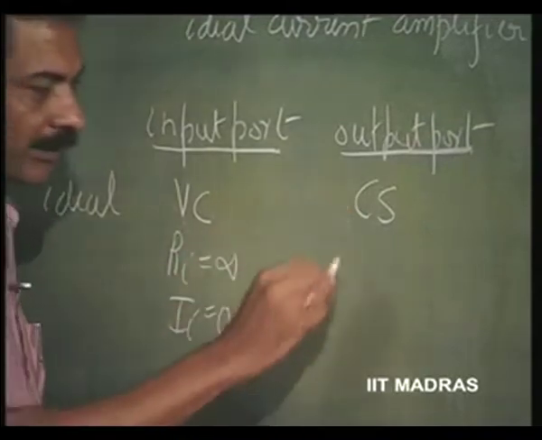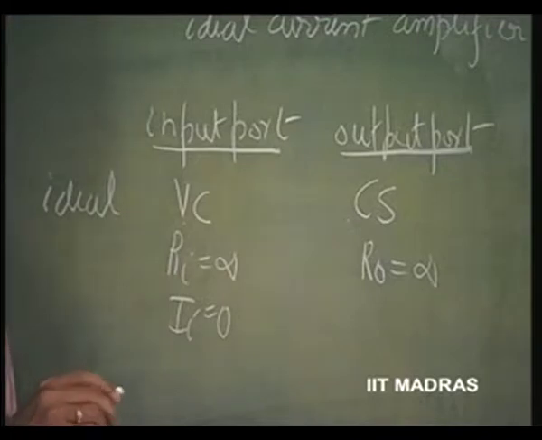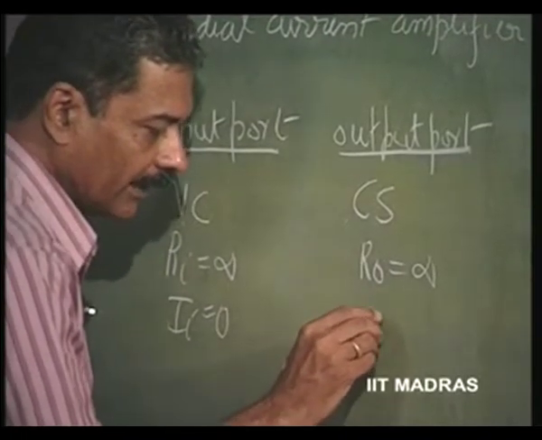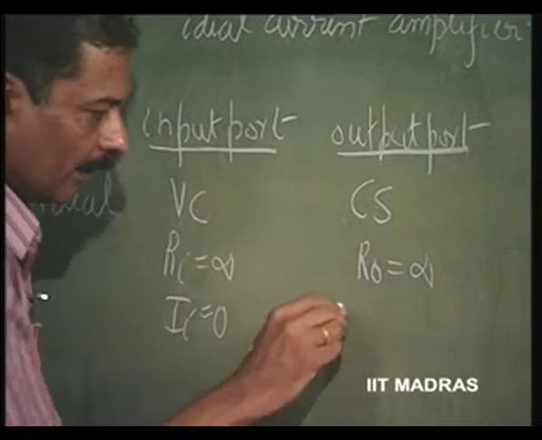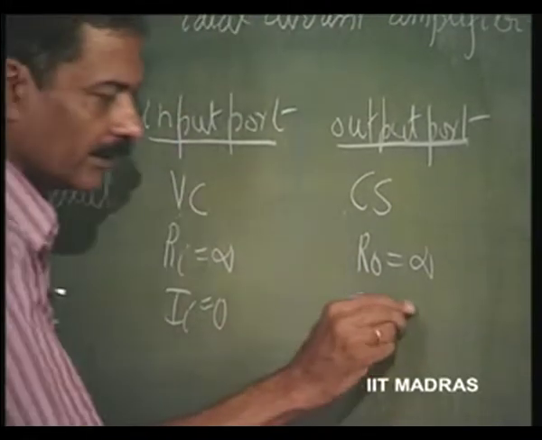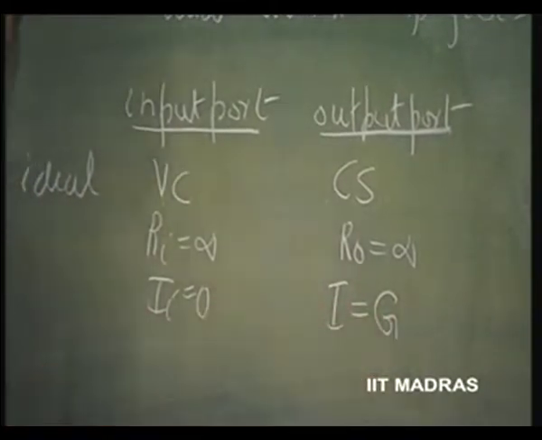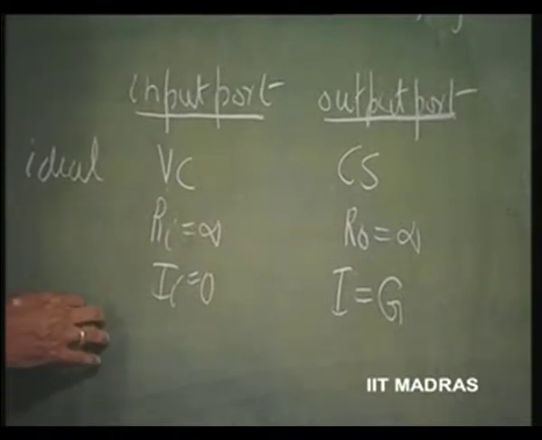Then this being a current source, R0 is also infinity, and it is going to be controlled by the current output, which is I of that, is going to be transconductance G. This is conductance, and it is a transfer from input to output.